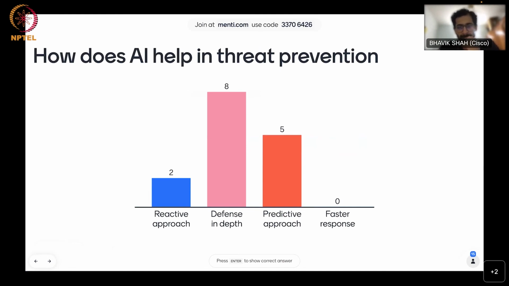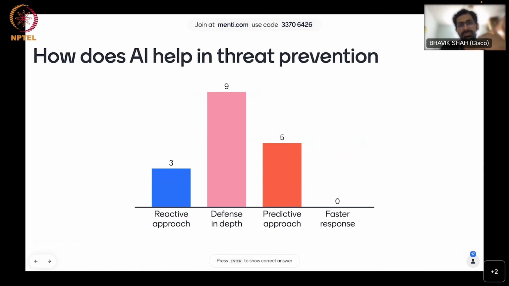Those who have answered defense in depth, yes, AI helps you in giving you a defense in depth, but if you understand the palace analogy which I gave, defense in depth is about the scope being limited, where you know who is your entry point, who is your exit point, right?